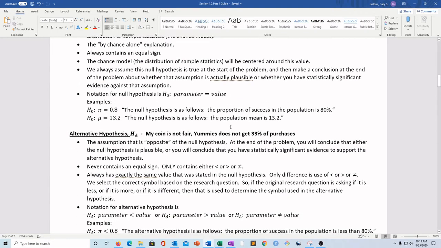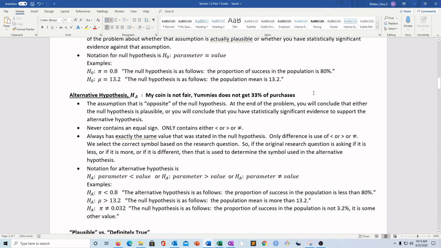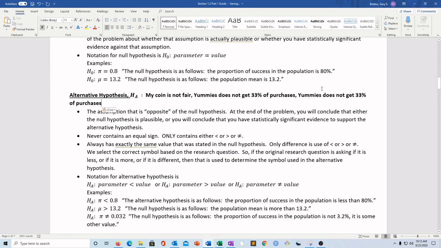Now, there is something here that you have to be a little careful about. There is a choice depending on what you're interested in figuring out. I could do another one of these, this Yummies again. If I had a slightly different question, I could say Yummies gets more than 33% of purchases. If I had some idea in my head that Yummies was the preferred candy bar, then I might be interested in trying to get evidence that they should get more than 33%.